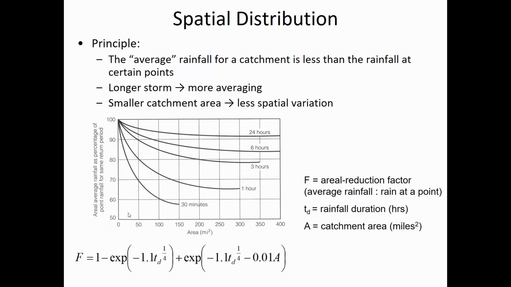With a shorter duration, you may have more variation between a single point and the entire area than with a long duration storm. There's going to be less variation between the point and the entire area. We won't go through the calculations of this.